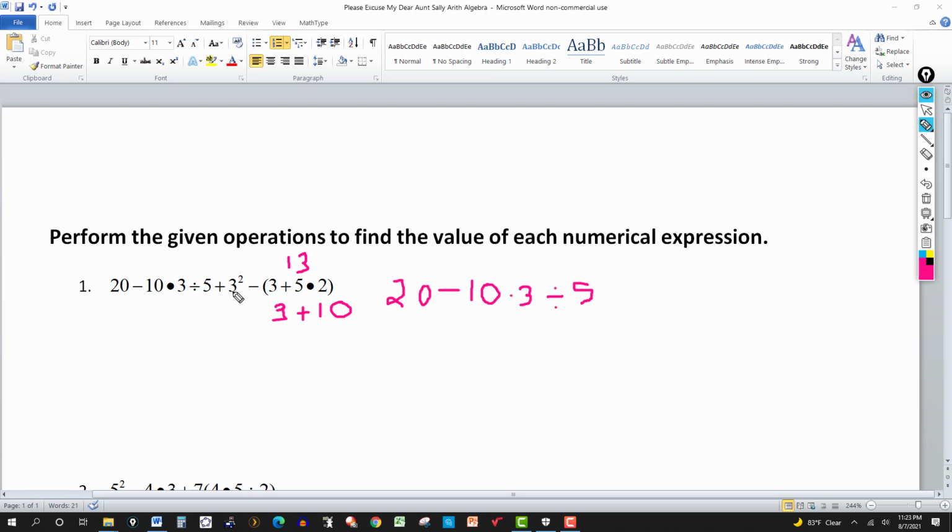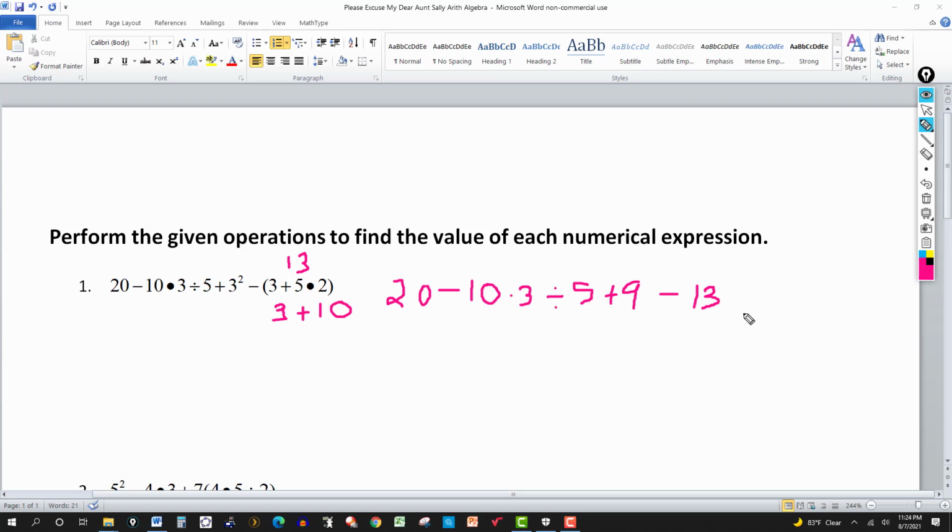Now, the next one is an exponential, so I can do that. 3 squared is 9, so I'll put that in there. And then minus, and we already did what's in the parentheses following the order of operations, so it's 3 and 10 is 13. Since it's one digit, no operation is involved there, so I can leave out the parentheses. That stands by itself.